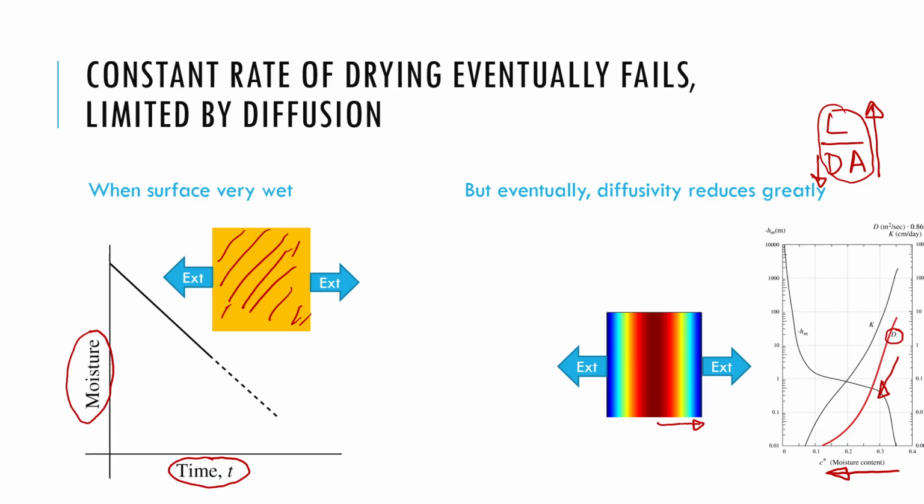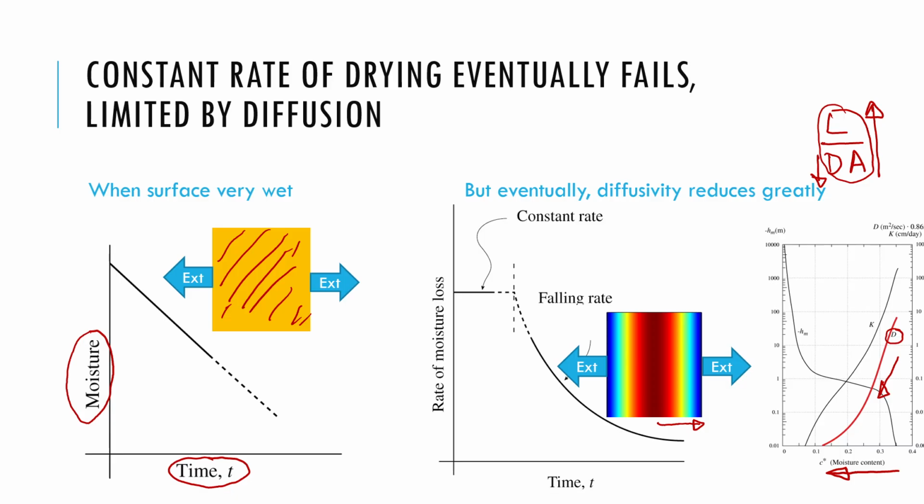When diffusion is starting to play a role, the rate will no longer be constant like here. So it will look more like this. Whereas we were here before, with this part being constant rate, now the moisture is having this extra resistance inside, and it's going to start to have a falling rate, meaning the rate will keep dropping because diffusion is playing a role.